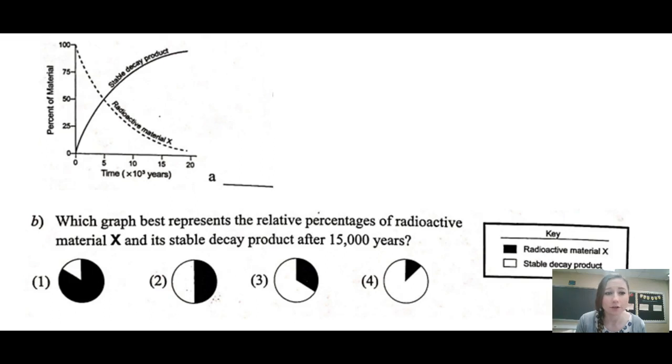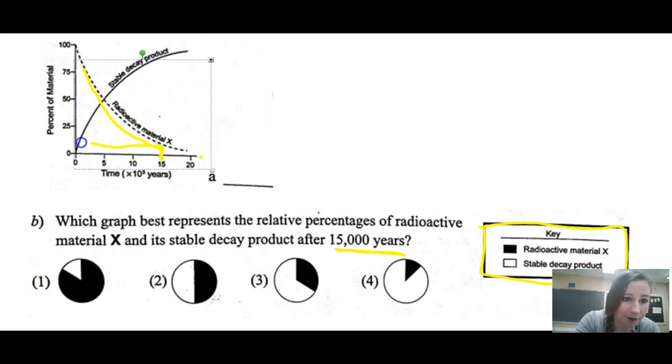Okay, another question off the same chart. Which graph best represents the relative percentages of radioactive material X and its stable decay product after 15,000 years? So 15,000 years is my key here. Also, this is super important to know which is which. So my radioactive material, let's use yellow there, at 15,000, if I go over, is going to be less than 25%. So let's say half of 25% is 12.5% for my radioactive material.